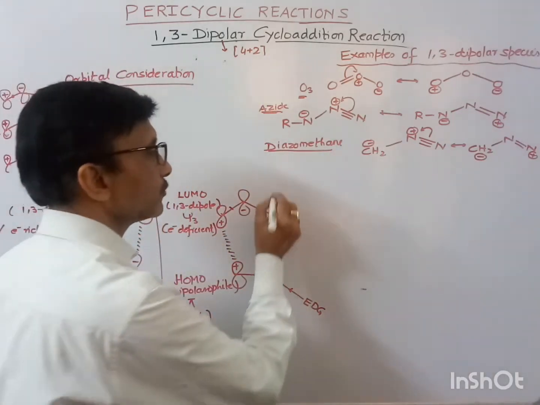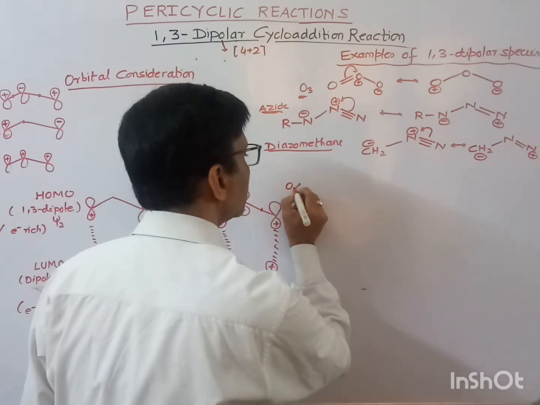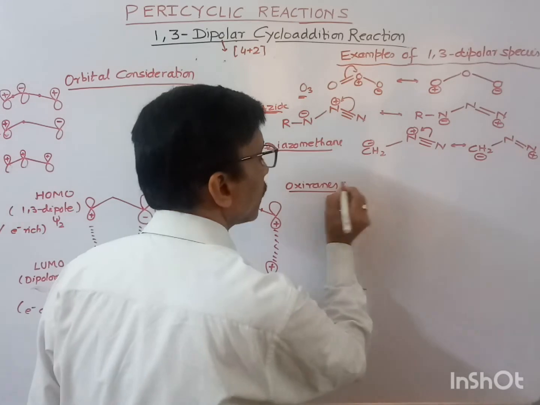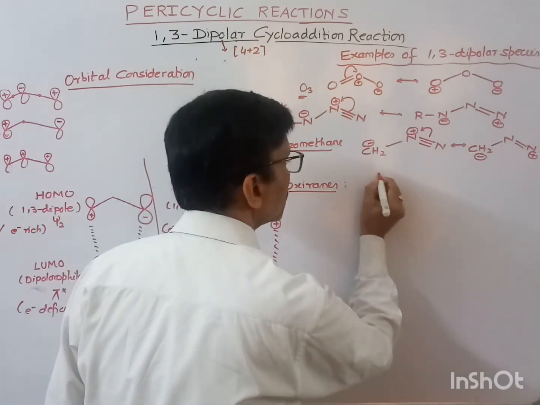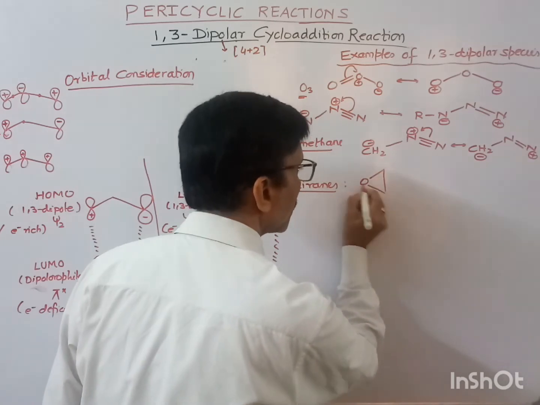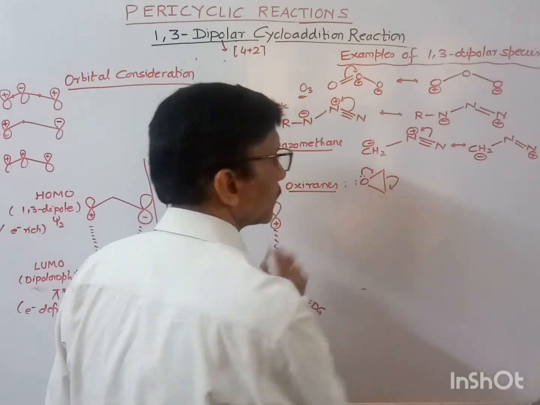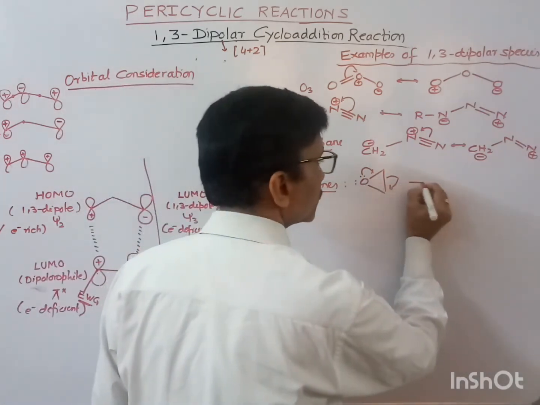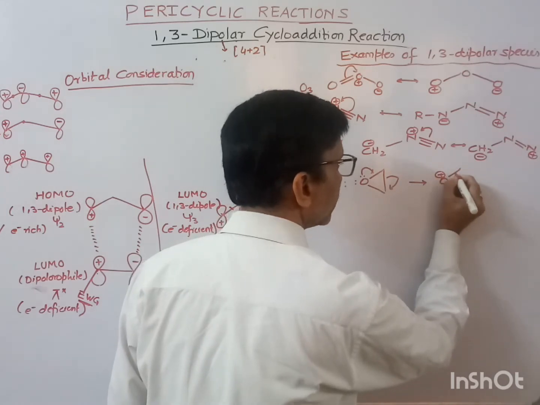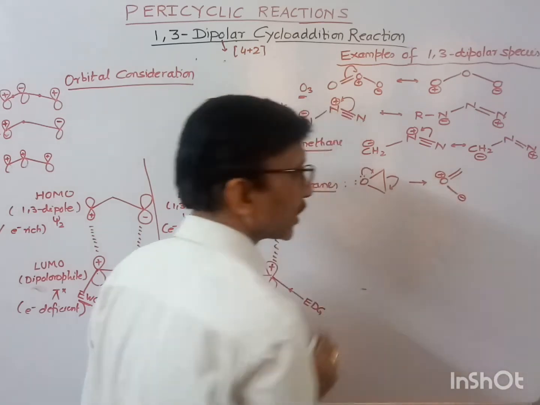In the same way, suppose we have examples like oxiranes. From oxiranes we may form the following. The positive charge is coming over oxygen, with a double bond over here, and the negative charge over this carbon.